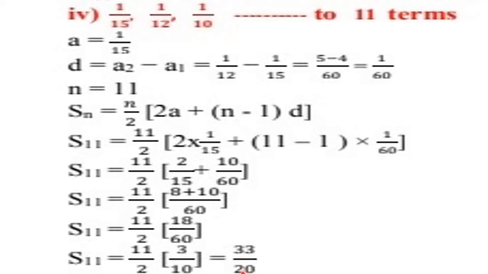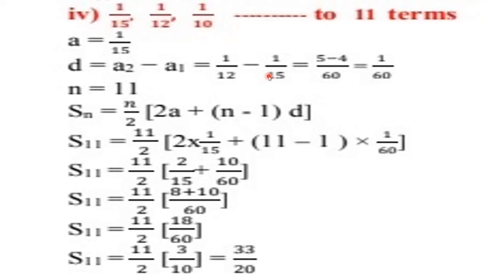You can express it in decimal form, which is not required now, children. You just need to find S11 in the form of p by q only. It is enough. So remember, when they give fractions, don't panic. Just apply the same formula, d is equal to a2 minus a1. When you subtract the numbers, keep one thing in mind: take the LCM.